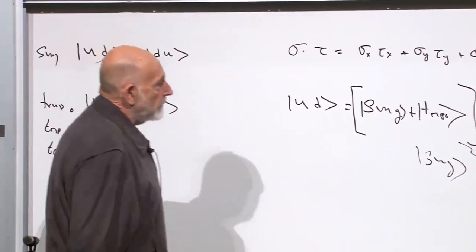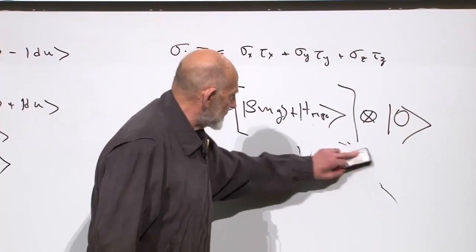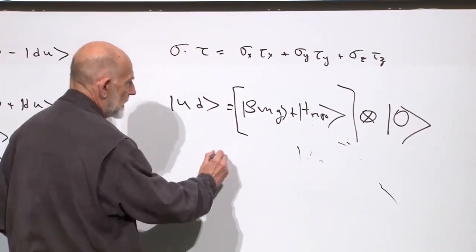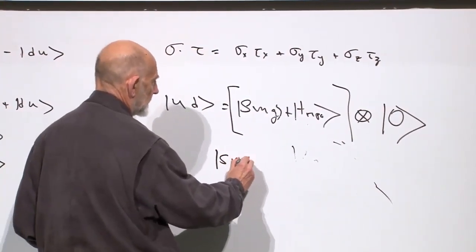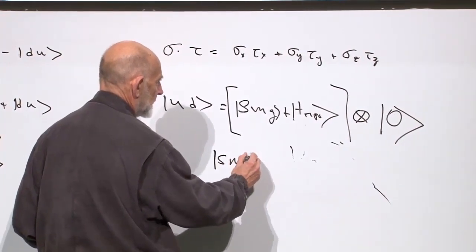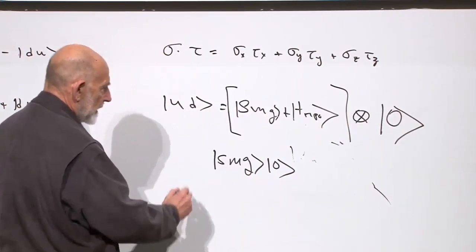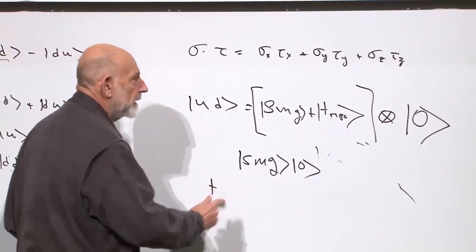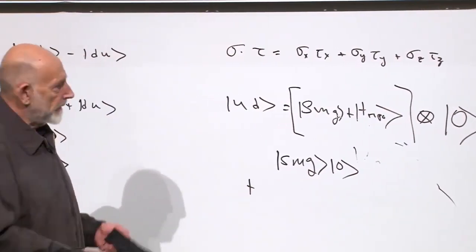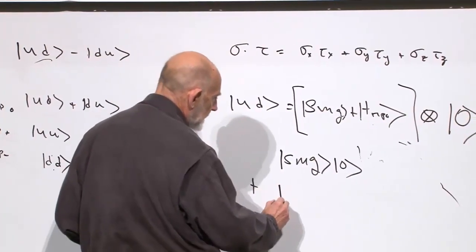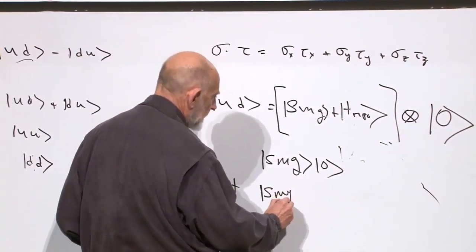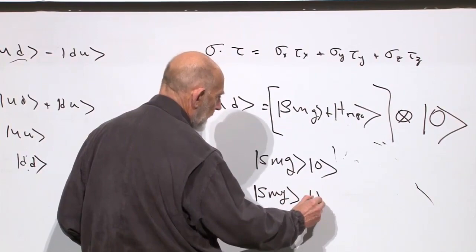All right, now you let it evolve for a while. What happens is the singlet stays the singlet, and it does not emit a photon. But the triplet, what happens to it? It becomes the singlet and emits a photon.